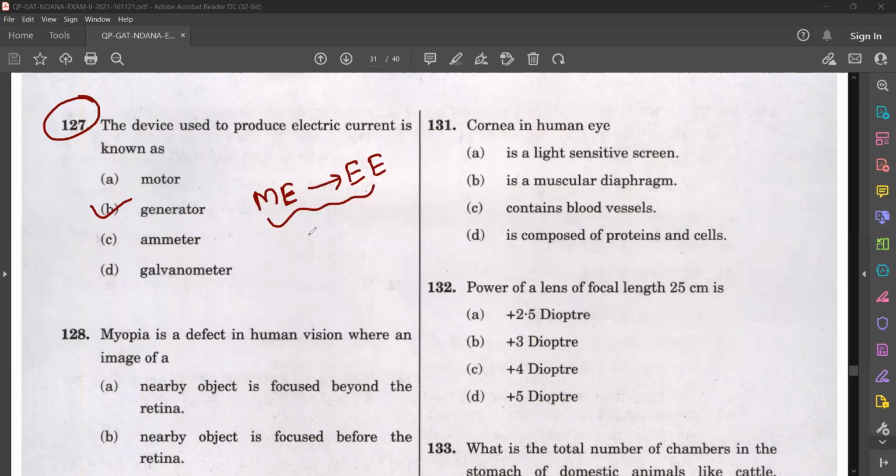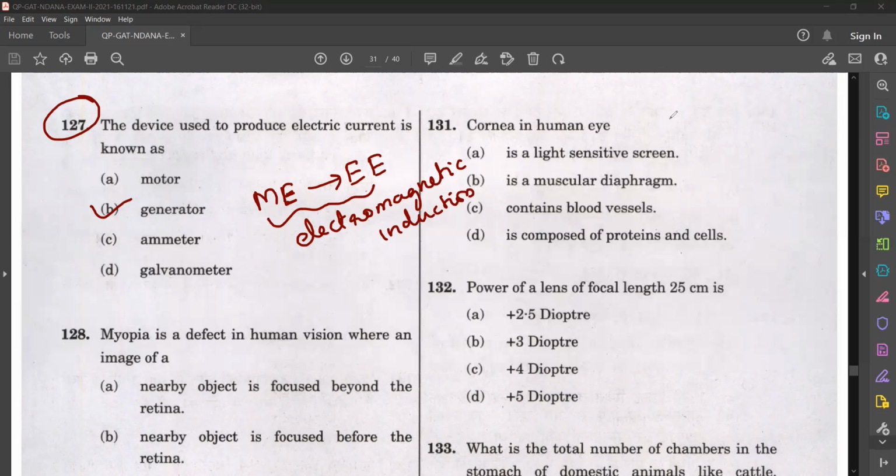Whenever a conductor is moved in a magnetic field, current is produced. This is electromagnetic induction. Working principle is electromagnetic induction.